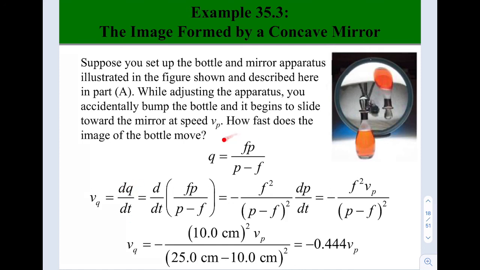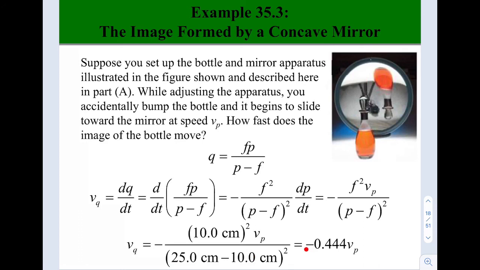So what is our q? Here is our q. We take dq over dt, so differentiate this function with respect to time. You will get this, and then finally this, and substitute the values of p and q there.